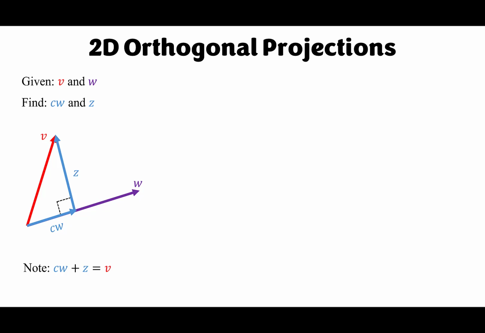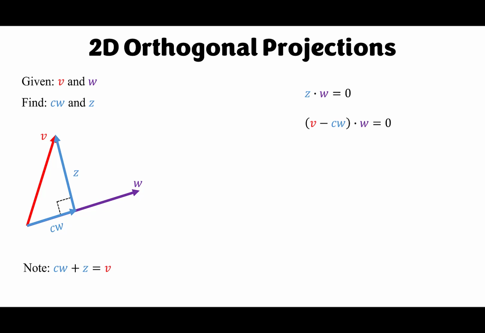But first, we just need to figure out what these vectors c, w, and z are. The way to calculate those vectors is by noticing that z dotted with w is 0, right? Because z is orthogonal to w. And we can substitute what z is.